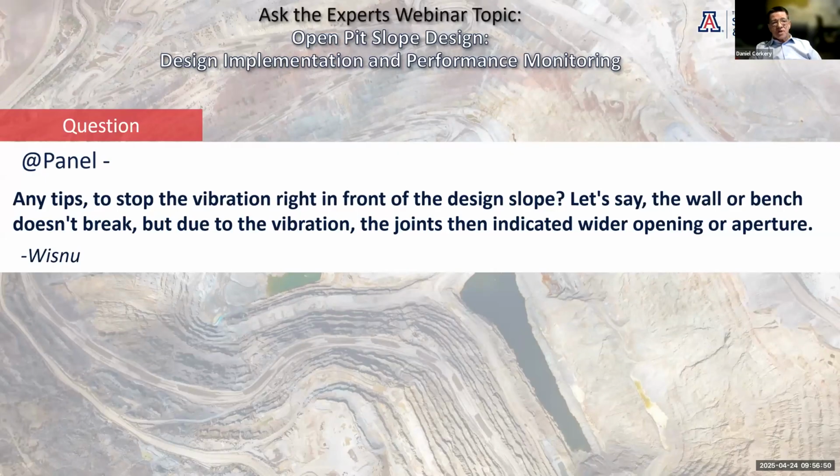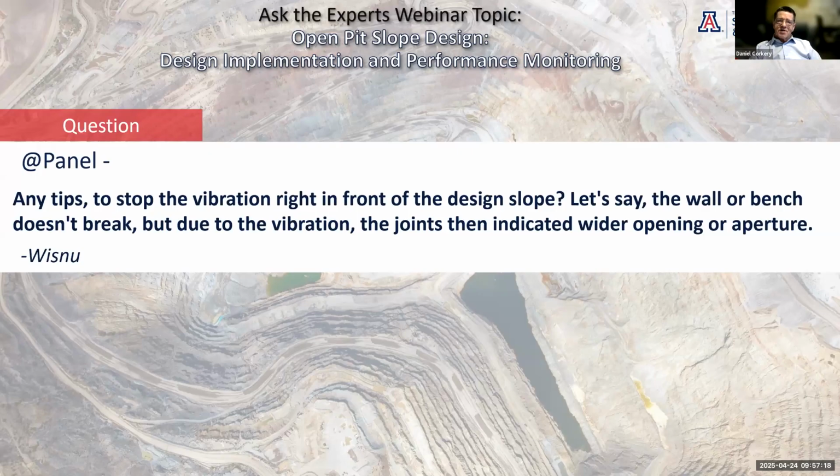So quite often, instead of just one row of reduced holes in front for your trim shot, you might want to have two rows of reduced hole diameters, as well as maybe an air deck, which will reduce the explosive energy that's going to hit that wall.